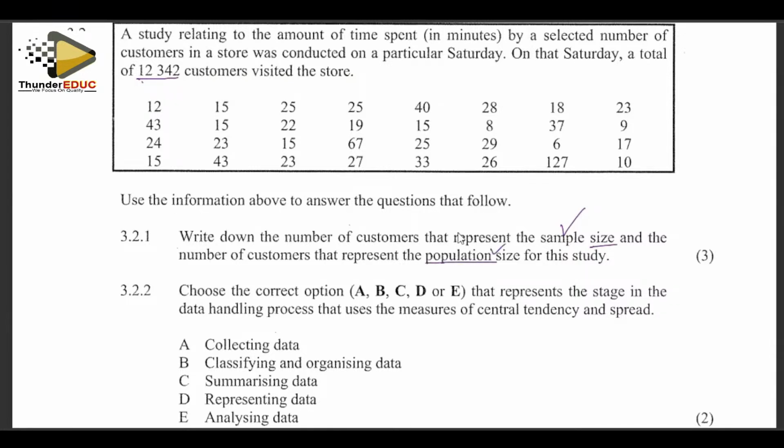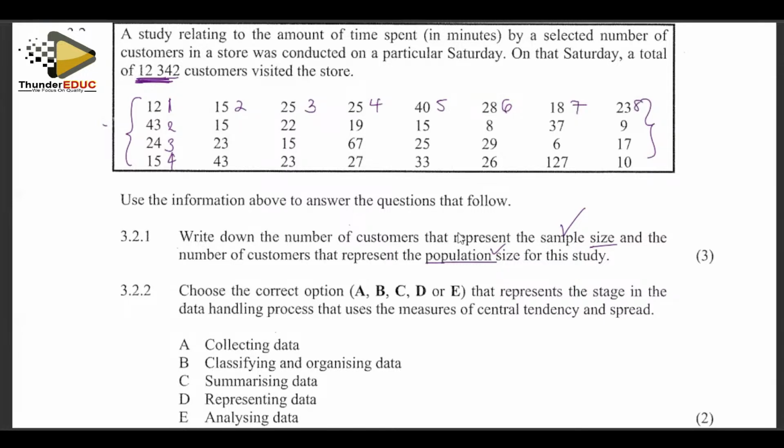Now, the sample size are these ones that they collected. But then the population, it's this number here. So sample, we calculate, how many were they? We have 1, 2, 3, 4. Still, we have 1, 2, 3, 4, 5, 6, 7, 8.